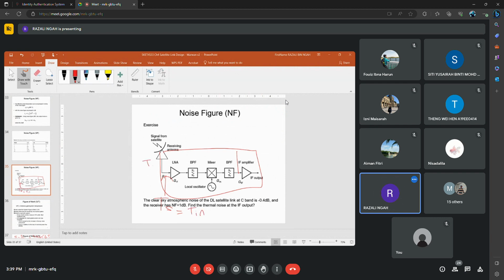T in is the input noise temperature at the output from the antenna, considering the noise temperature in the medium, in the air, plus TRF, plus T of the band pass filter divided by GRF, plus T mixer divided by GRF.